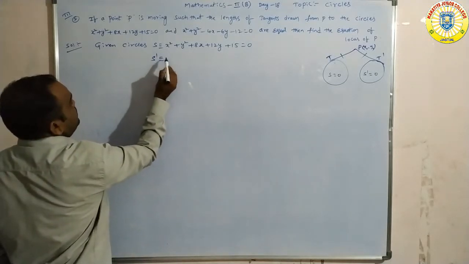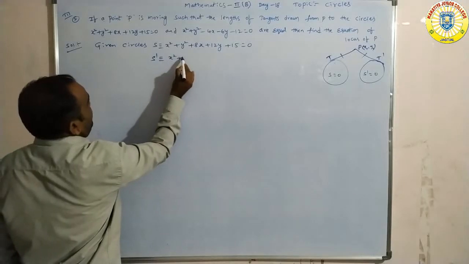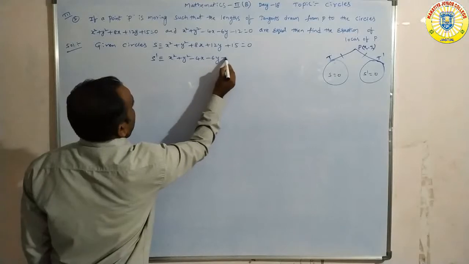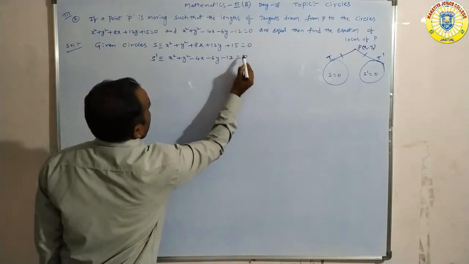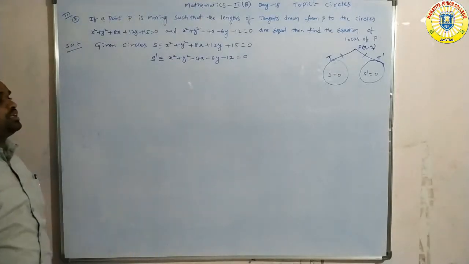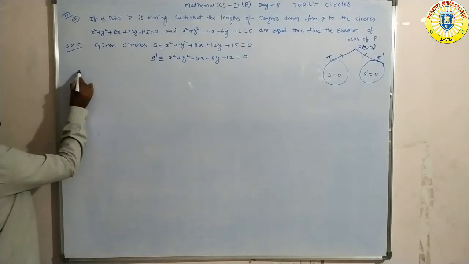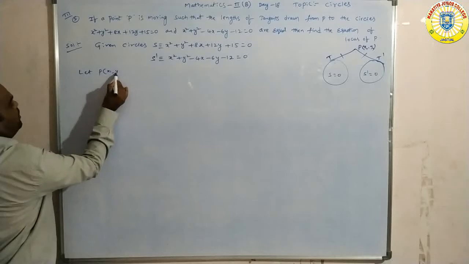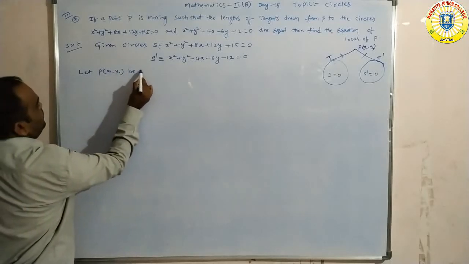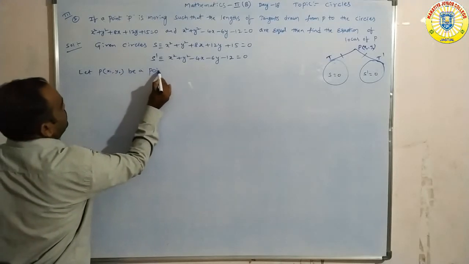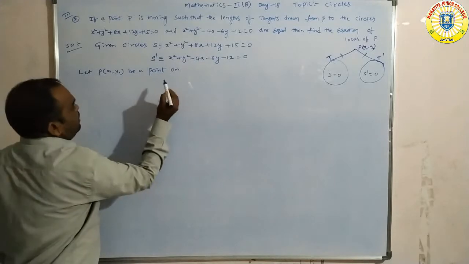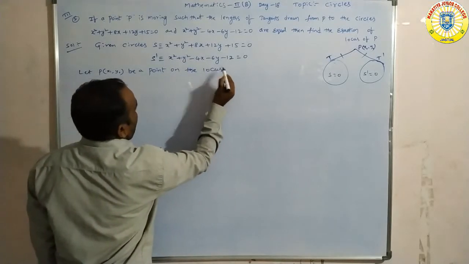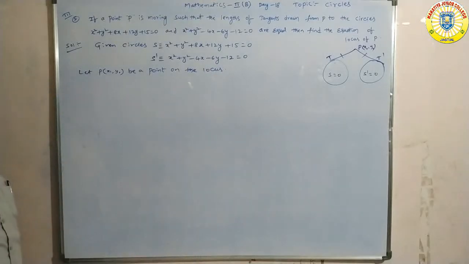S dash is equal to x square plus y square minus 4x minus 6y minus 12 equal to 0. This is nothing but S dash. Here let P of x1 comma y1 be a point on the locus.